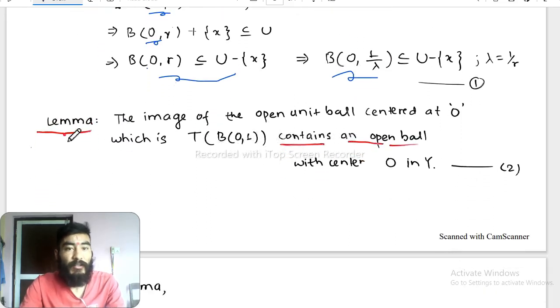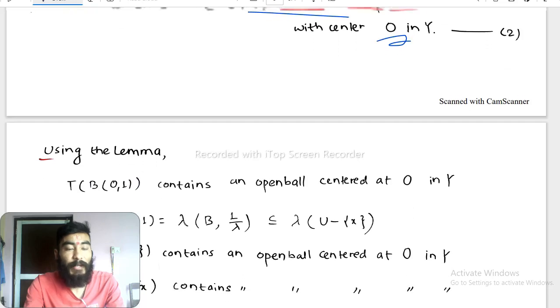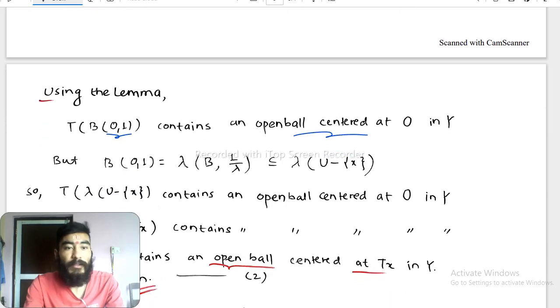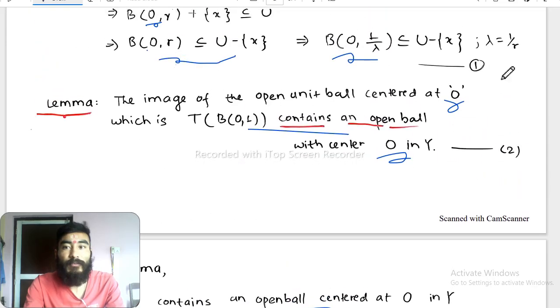This lemma states that the image of an open unit ball centered at 0 contains an open ball centered at 0 in Y. Now using this lemma, we have the image of the open unit ball centered at 0 contains an open ball centered at 0 in Y. Then we have this open unit ball, which equals, multiplying by lambda outside and dividing by lambda inside, a subset of lambda times U minus x, from relation 1.